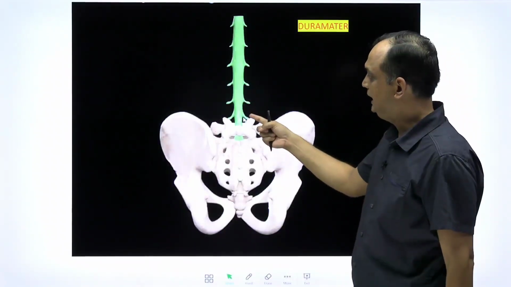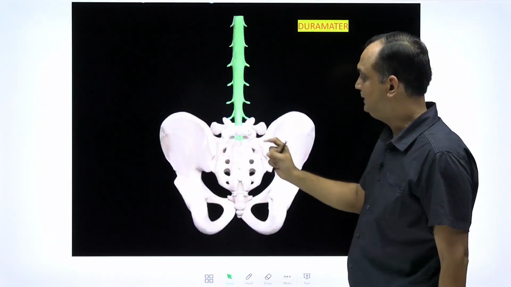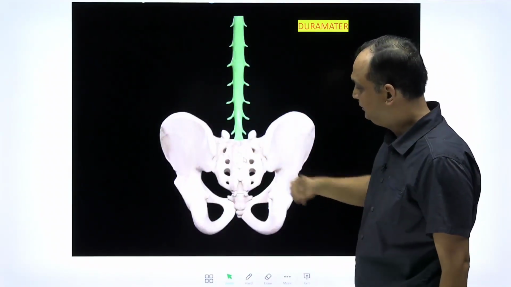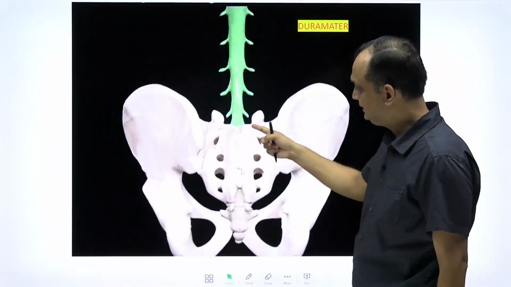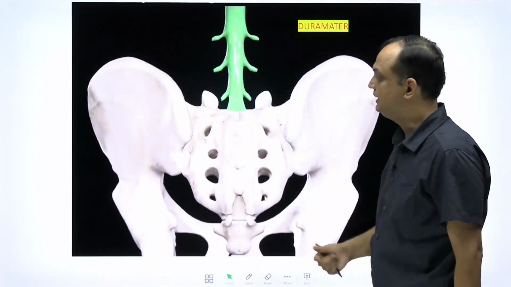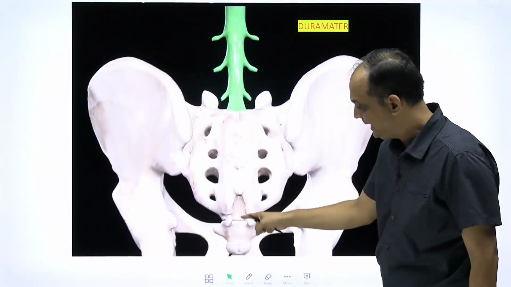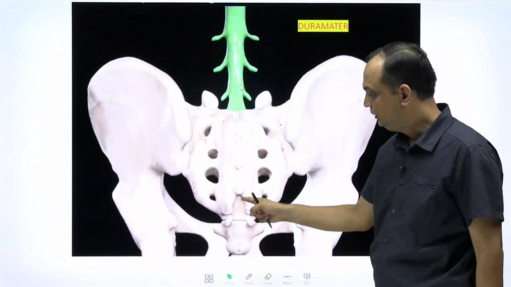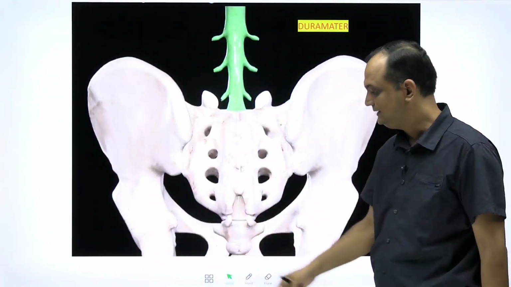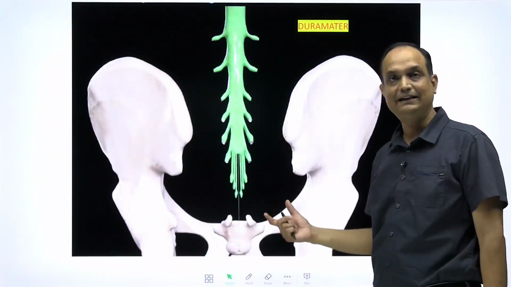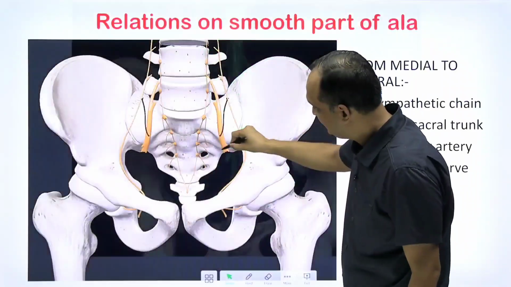We have removed L4, now we have removed L5, but you can still see the green pipe going inside, that is the dura. Now if I remove the sacrum, you will find that this green pipe suddenly ends inside the canal. It is not coming out lower down. Lower down you will find only a thread, and this thread is the filum terminale.